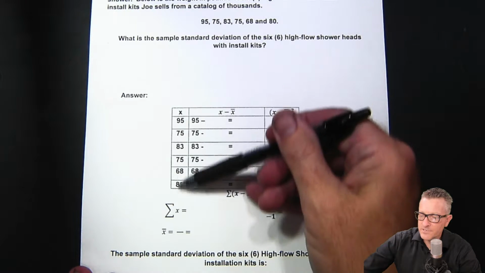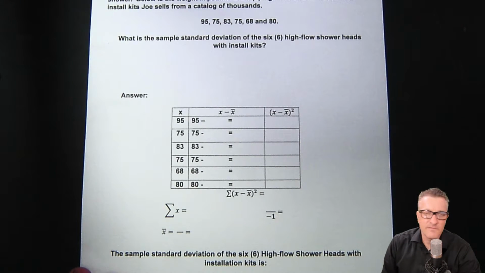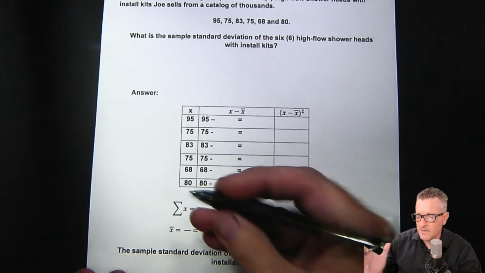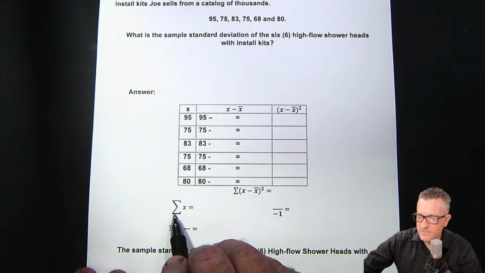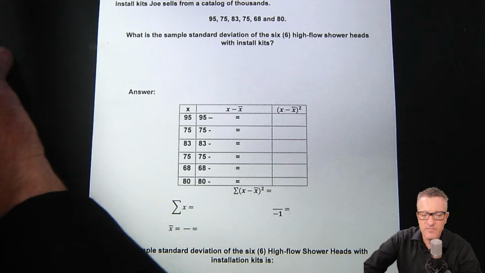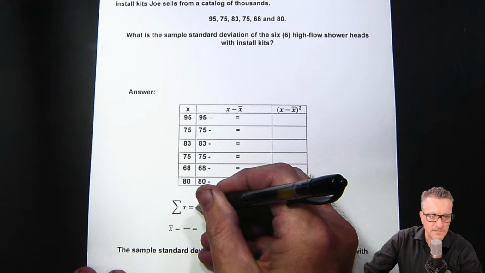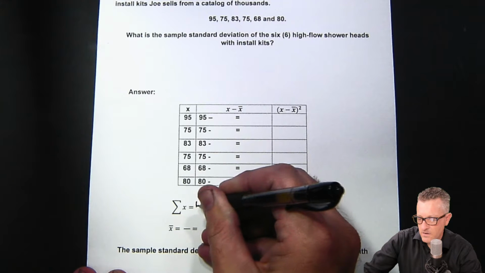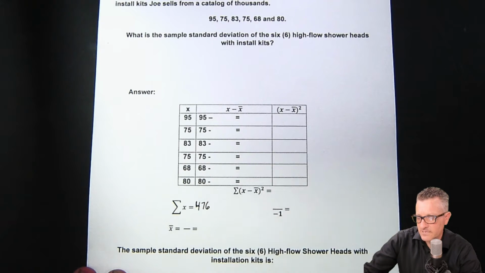Okay, so here's all of our data right here. So we need to calculate the mean. I usually calculate the mean really early because everything has to do with the mean in this case. Okay, so if we look at the sum, this is our summation symbol, so sum all of our data. The calculation for summing all of our data is, let's see, 476.